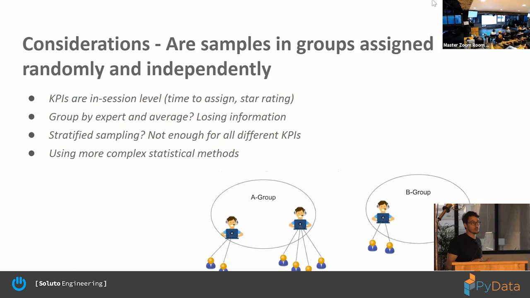So those are those methods. The problem here is we have multiple KPIs, and being able to answer all of those well using stratified sampling. And what we eventually chose was going to more complex models for this kind of experiment where we experiment by expert.